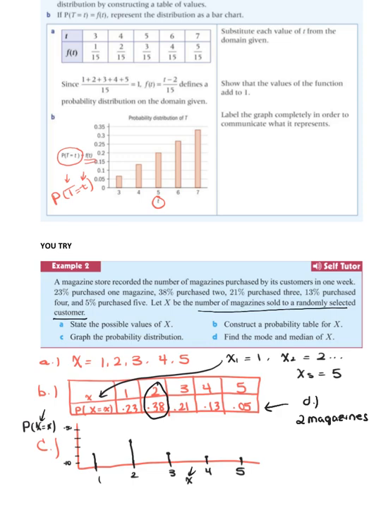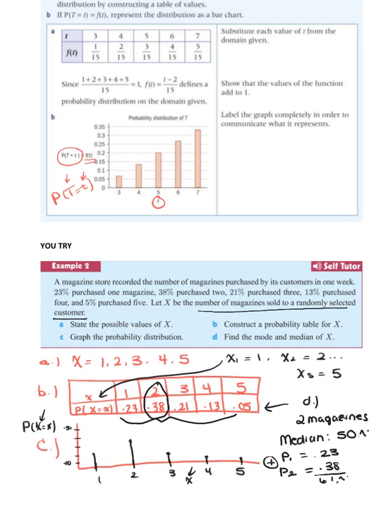Now the median occurs at the 50th percentile. So we've got percentages here, right? So we just have to keep adding in ascending order until we get 50%. Well, if we have probability 1, that's equal to 0.23, so that's not quite 50%. We add to that probability 2, so we add these two things together. Well, probability 2 is 38%. When you add those two together, you get 61%.